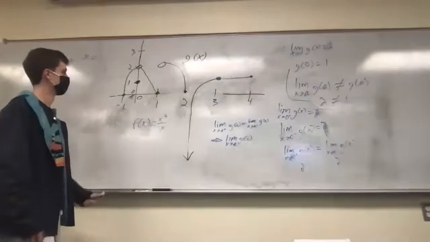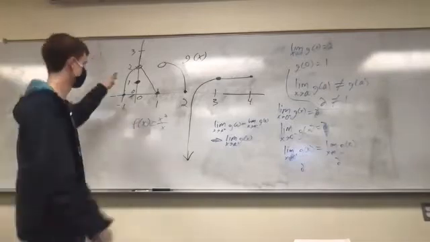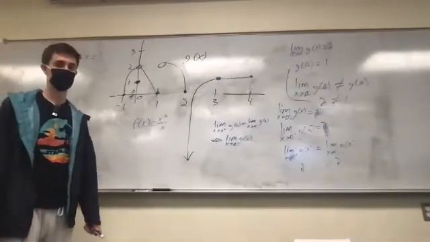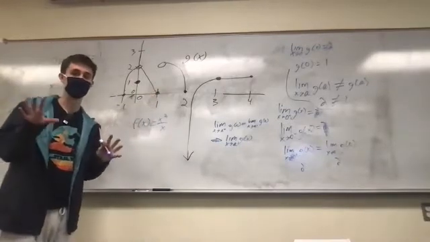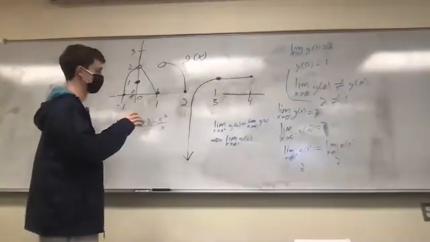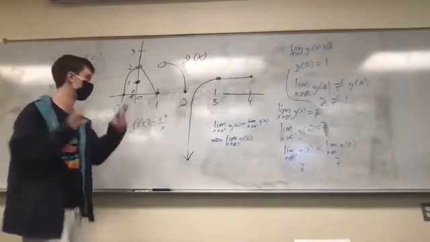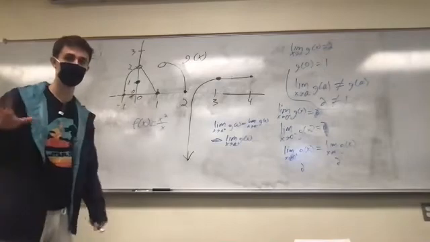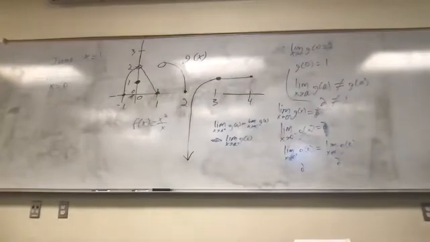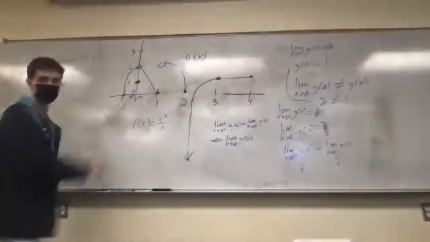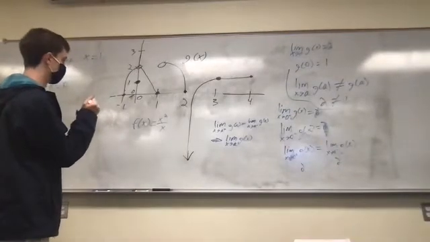But that only works for a removable discontinuity, because this is the removable one. If we transition to jump, there's a bit of a difference there. Are we cool to move to jump, or is the removable stuff a bit cleared up? Yeah, that one makes sense. Awesome, thumbs up. Okay, cool.